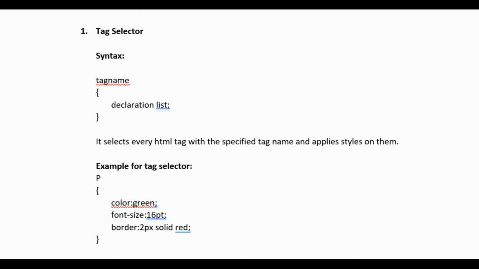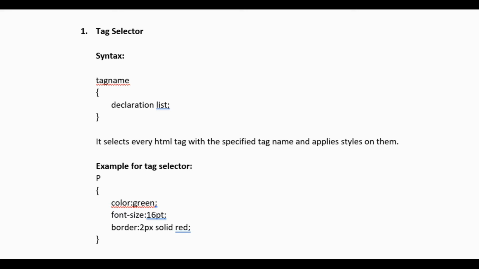First selector is a tag selector. The tag selector has a simple syntax: the tag name, that could be any tag, and within the curly braces we write the declaration list. You know what the declaration list is. Curly braces closed. It selects every HTML tag with the specified tag name and applies styles on them.